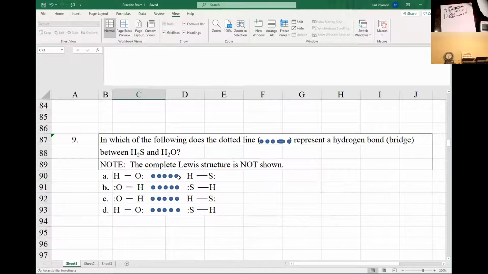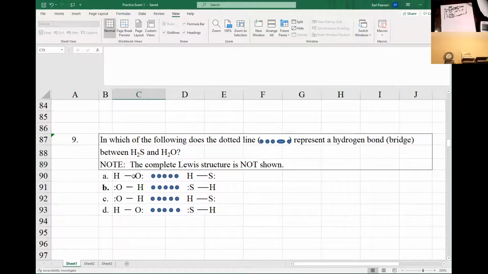The dotted line represents the hydrogen bridge if it's possible. So if I'm looking at A, it does have hydrogen bound to oxygen. The lone pair on oxygen, though, is associated with this hydrogen, and that hydrogen is not bound to oxygen.